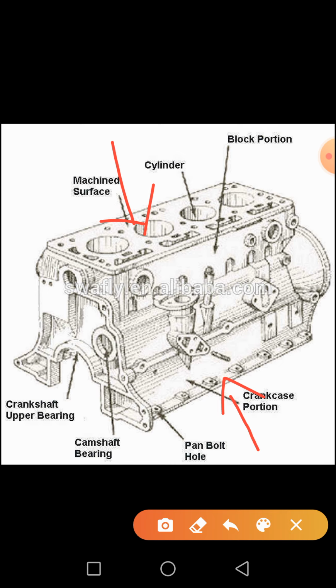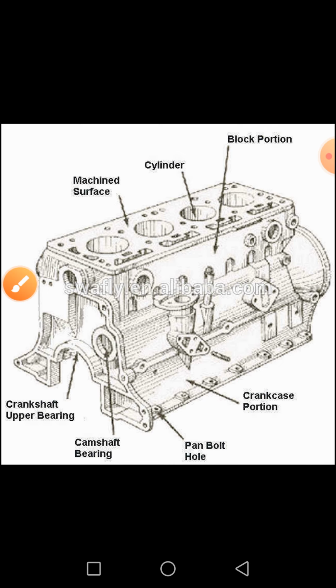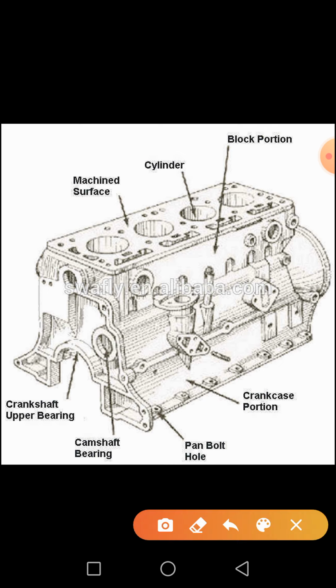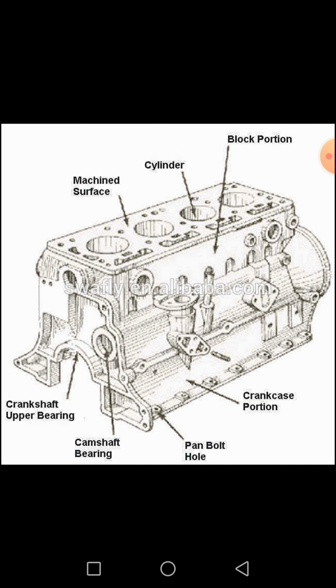And some other provisions are provided to support or mount small components like gear pump, fuel pump, etc. And the cylinder block is basically a casting product. The materials used for the cylinder block are grey cast iron and aluminum alloys.